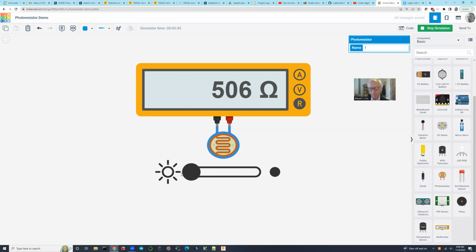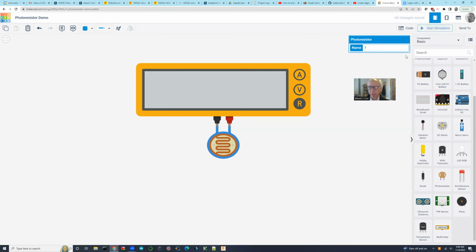Cool. So I'm going to stop that simulation briefly, and I want to move on to the issue that our eyes do not detect low resistance or high resistance. In order to speak to the brain, in order to speak to the Arduino, we need to turn this into a currency of voltage, right?